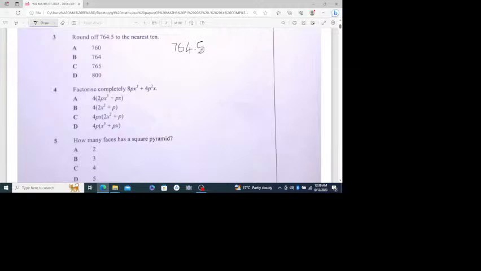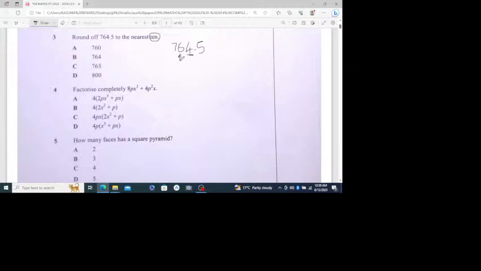We need to pay attention to what we are given: they want us to round off this number to the nearest tens. That means we're going to remove this number 4 and concentrate on it, and this 6 is the one that is going to be affected once we round off.